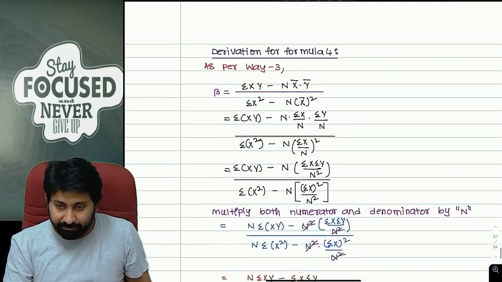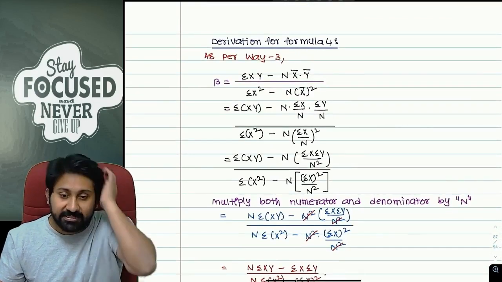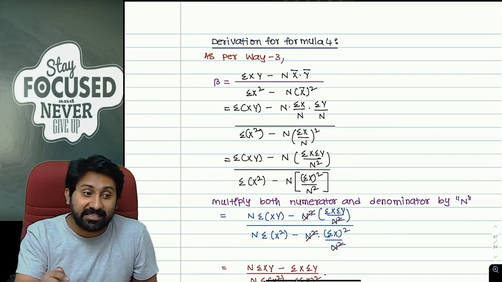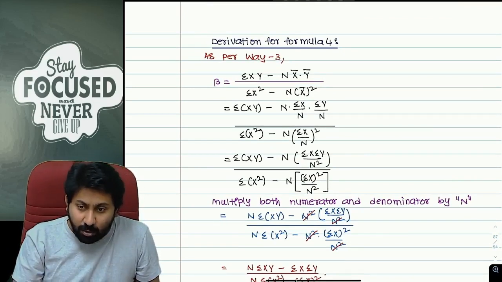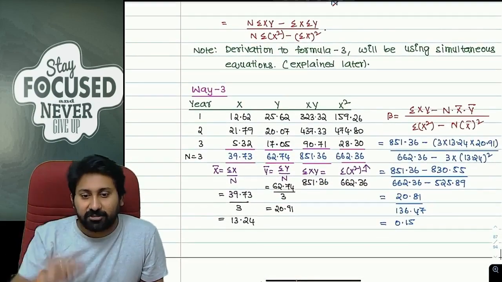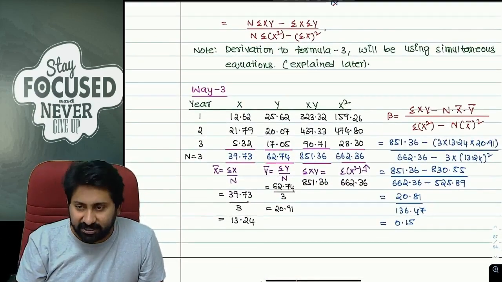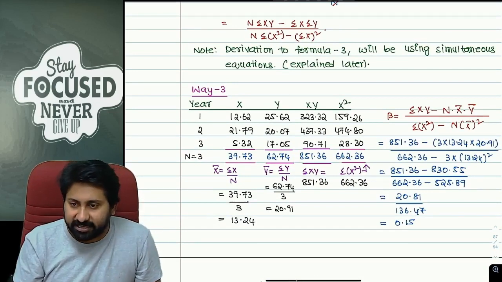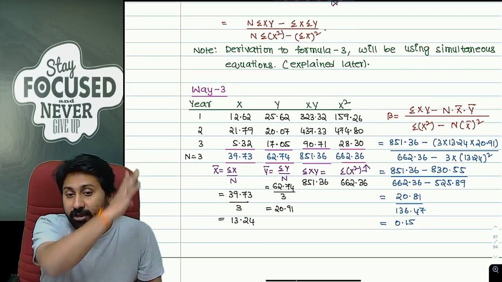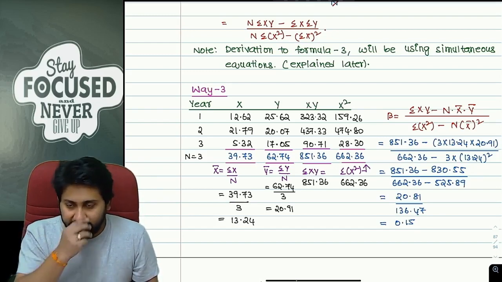Beta answer is the same. Why have I done beta in all the ways? Everyone may get a question: Sir, when the answer for beta in all the cases is essentially the same, why are you using this model? First model also giving the same answer, second model also giving the same answer. Then why do I have to follow this model instead of that model? Question will arise, yes or no?